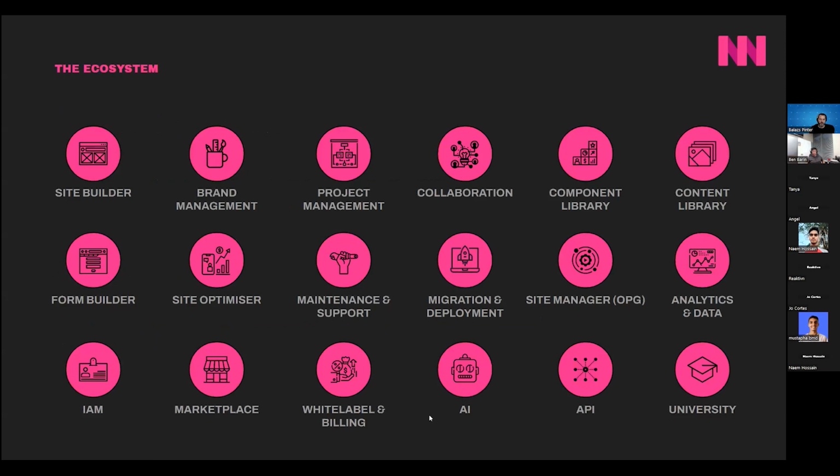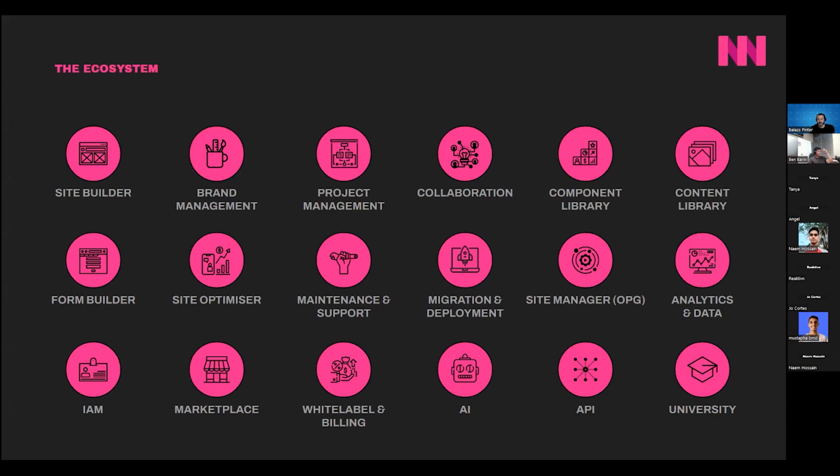I quickly want to touch on the ecosystem, which is going to be essentially the future of SPINNR. Currently, we do things like the site builder, component library, brand management, things like that. We've got some collaboration features already in the system that are not currently available in the alpha test. Things like content library, site optimizing, maintenance and support.